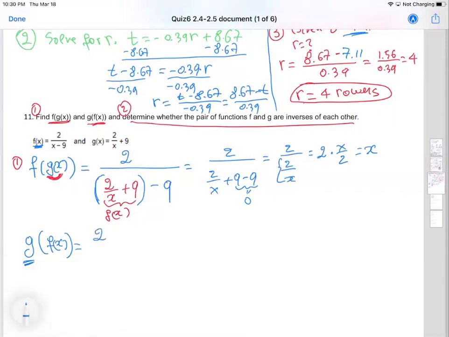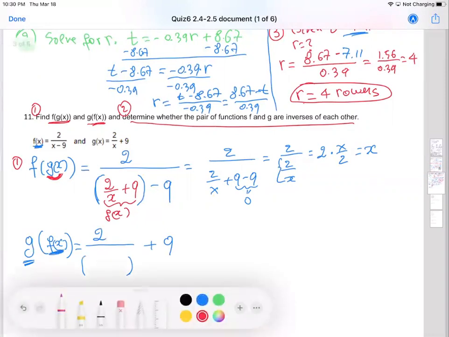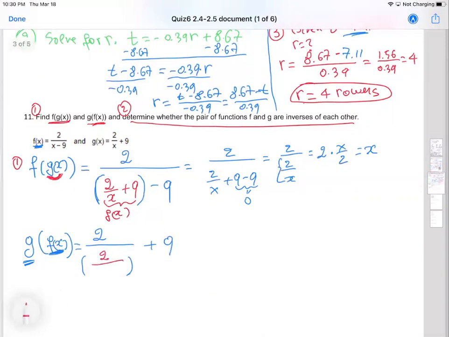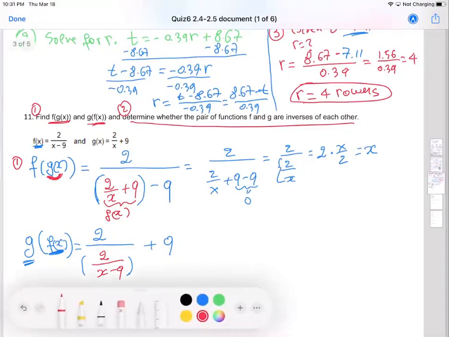G is 2 over x, and I'm going to keep x open because it's a place value, plus 9. And instead of x in my open place value, I'm going to plug in f of x. And f of x is 2 over x minus 9. Let's simplify this.